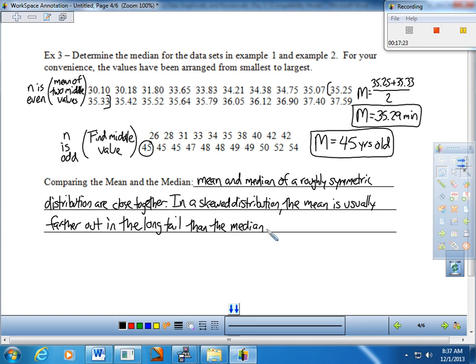All right, so jot that down, and then hopefully we'll look at at least one of these data sets in a little more visual way.